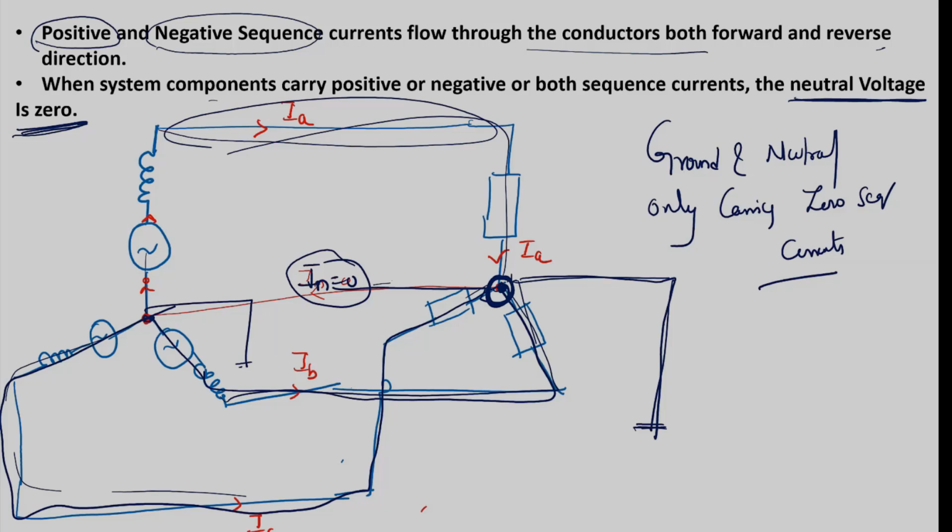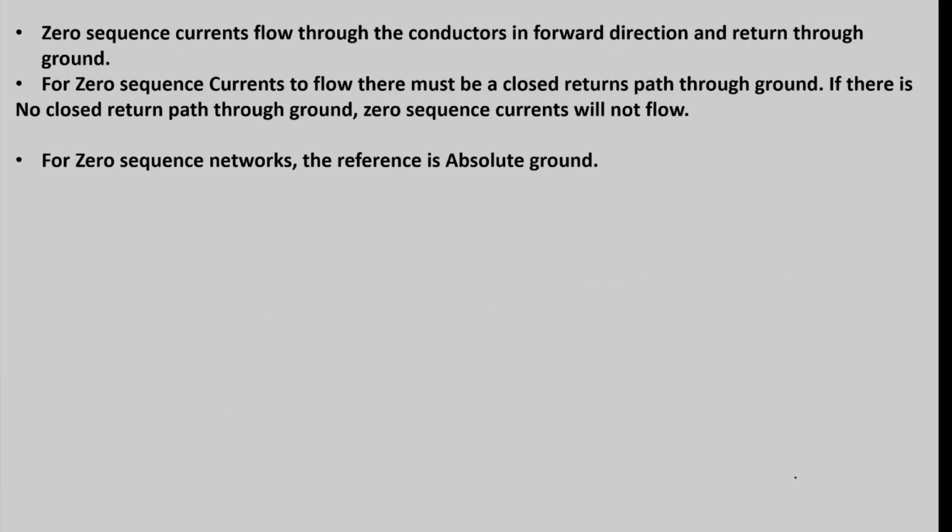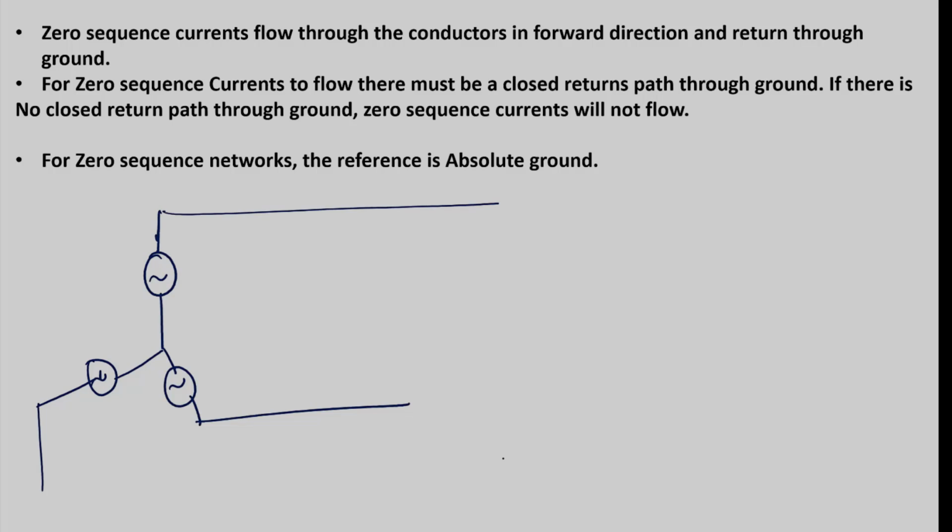Next, the last observation: zero sequence currents. Again, I'm reiterating, I'm drawing the same thing, I'm simply drawing the source. Zero sequence currents in the forward direction flow through the conductors.